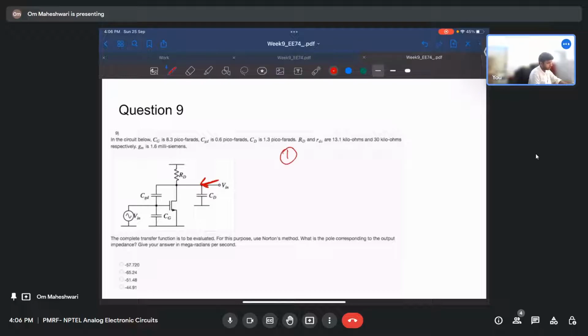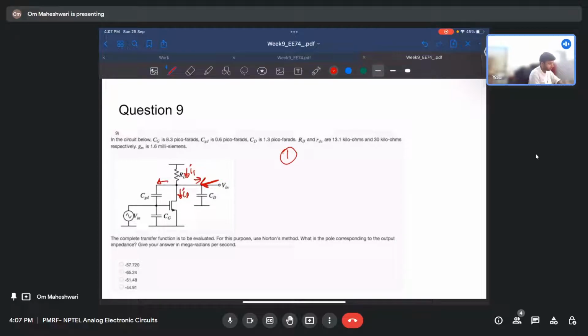First, you can find the complete transfer function. To find the complete transfer function, you can use the Norton method. This is the method that sir teaches in the videos, or you can use my method, that is simply by equating the current. Let's say the current flowing is I1, so I1 will be this current plus this current plus this current.